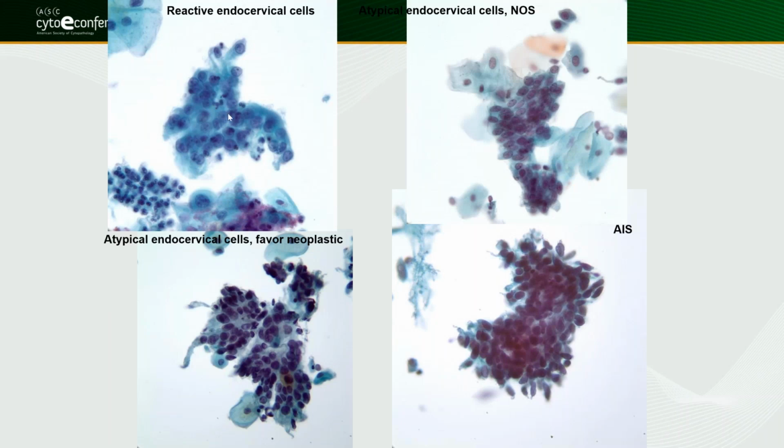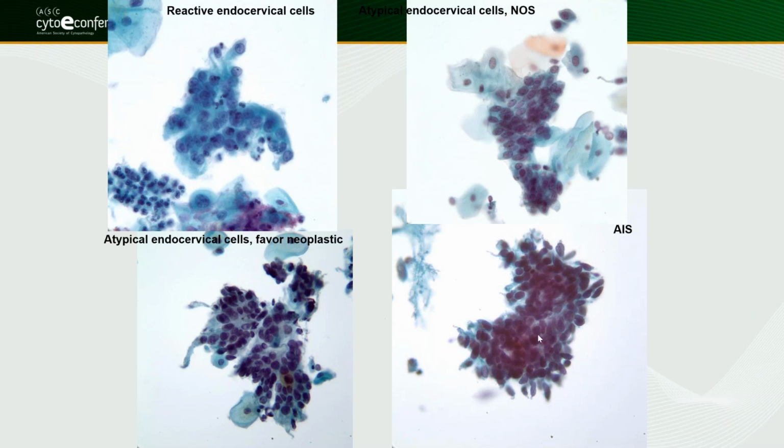So this is reactive. That's when we call it NOS. Again, NOS, most of them on histology are still benign. And then this is favored neoplastic, and then AIS. So you see how the architecture and the cytologic transition is changing here: elongation, hyperchromasia, crowding, totally disorganized arrangement.